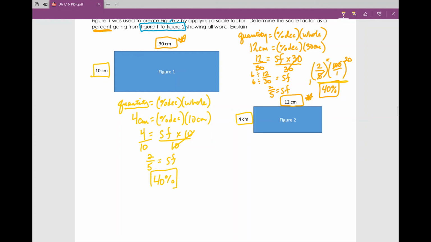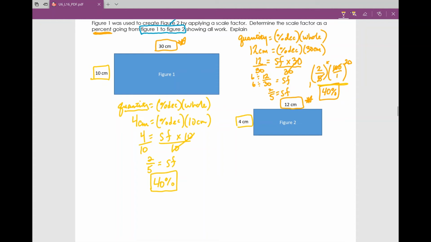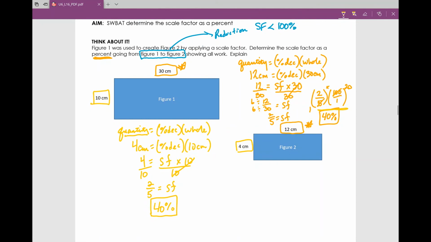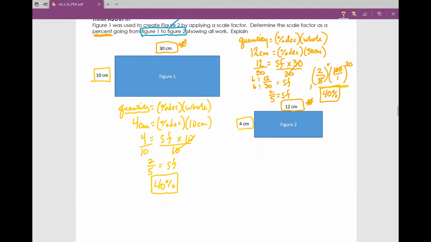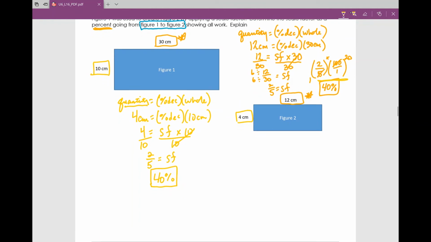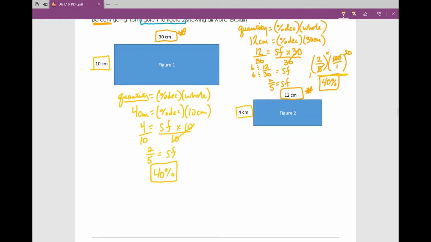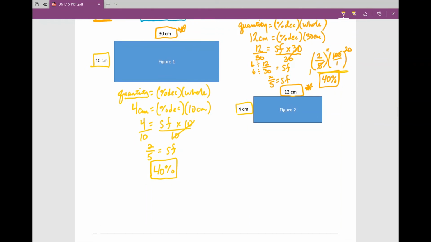We know it is a scaled figure. So, what does this mean? Now that we have this, we calculated the percent. How do we do it? We use the percent equation, right? But did we really use the language quantity and whole? No. What does the quantity represent? The original or the new?